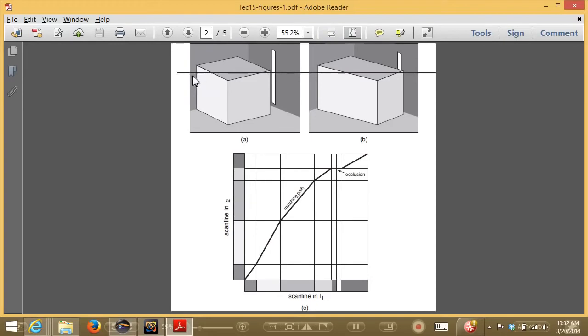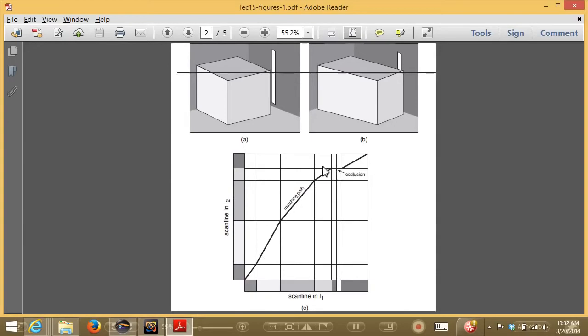That's like saying I start matching both scan lines at the left edge, and they both have to end at the right edge, and along the way I have to generate some sort of correspondence between the two scan lines at the same time, right? And so what I've drawn here would be the best correspondence, where I'm matching all the points along the wall, then all the points along the side face of the box, and then along the top and along the side.